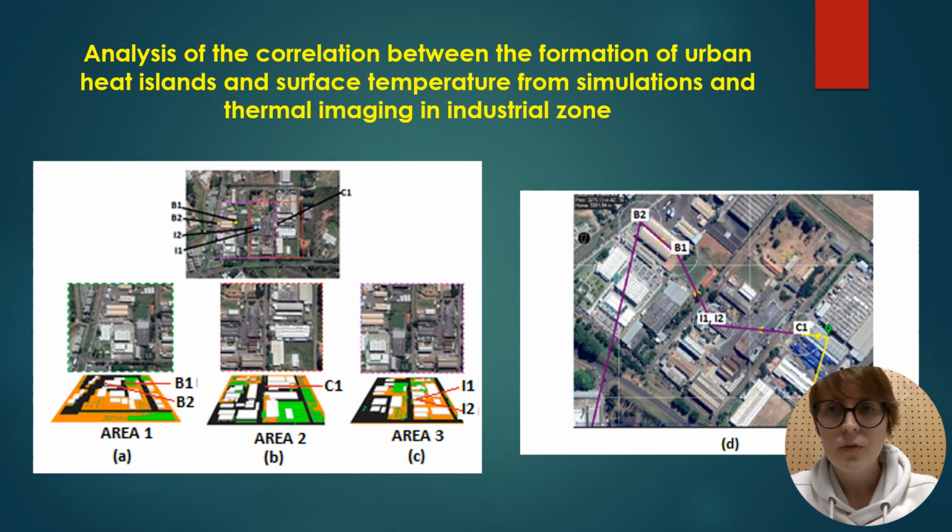The input data for the simulation were obtained from a meteorological station located on the campus of the Federal University of São Carlos, 7 kilometers from the industrial district. The urban heat island intensity was calculated through the difference between urban and rural air temperature.